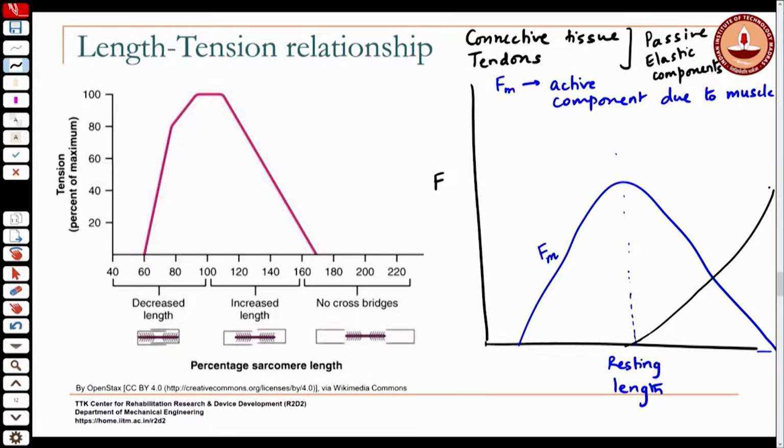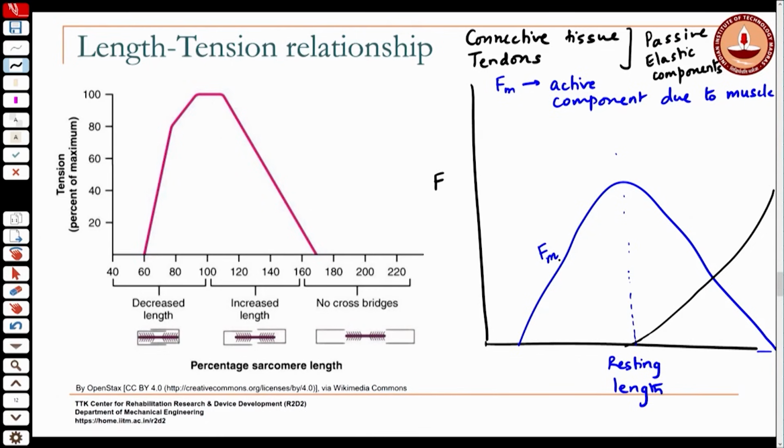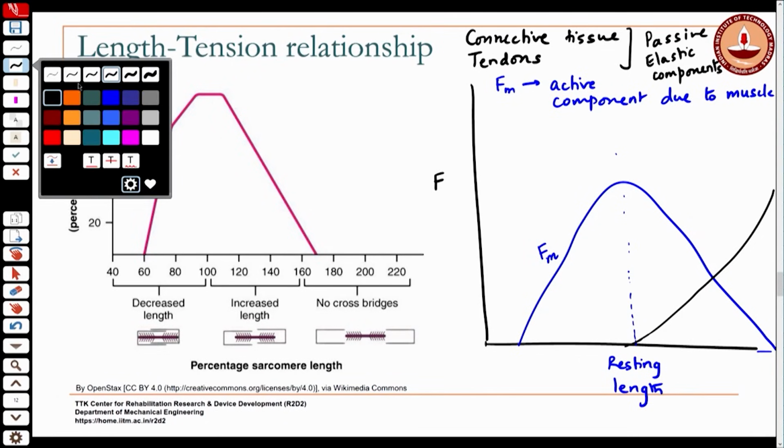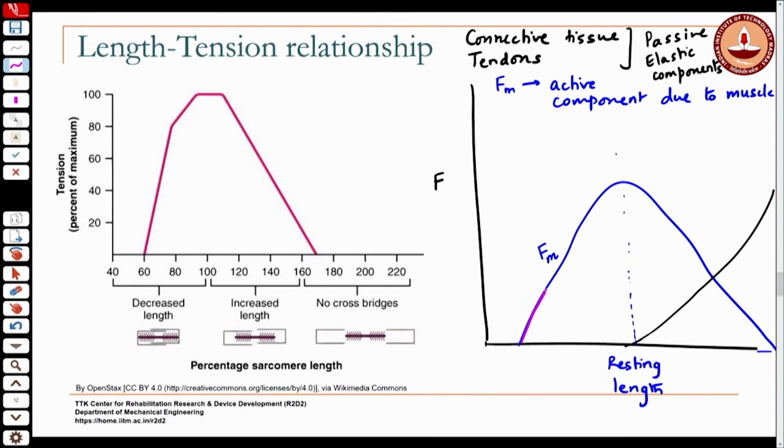When the muscle is below its resting length, you do not really have much of an effect of the passive components. Whatever force is generated by the muscle is transmitted to the bone. So, if you look at the net force, initially it just follows the contractile component, and then it is basically the sum of these two.